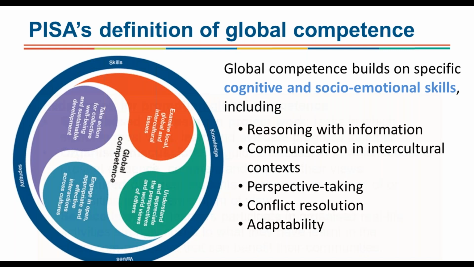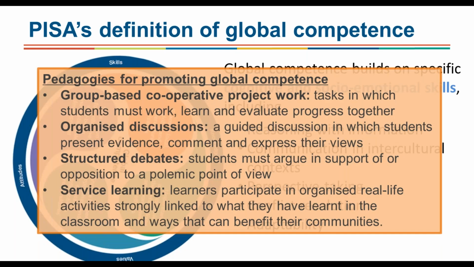In terms of implications for education, there are various student-centered pedagogies that can promote the critical skills that are needed for global competence. And this can range from more basic tasks such as group work, in which students need to work together to learn and evaluate their progress.